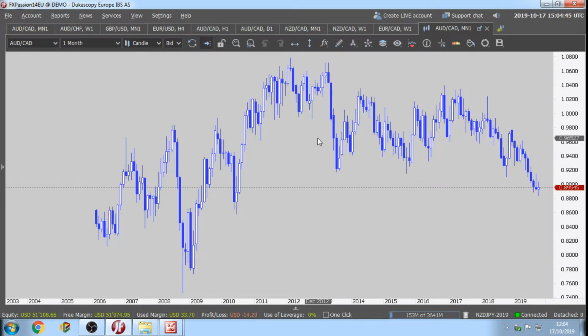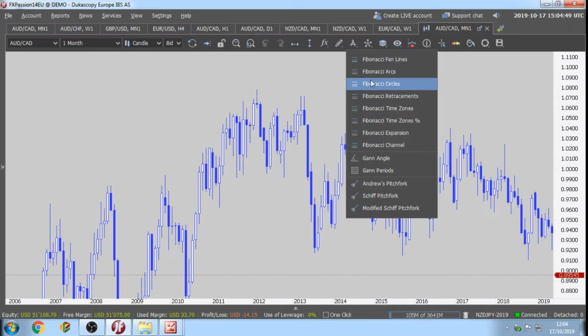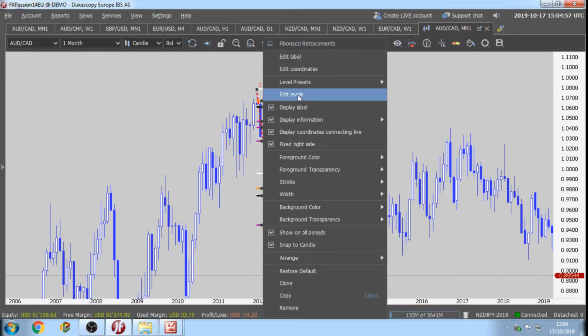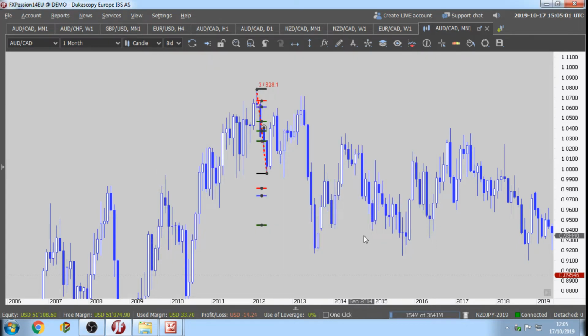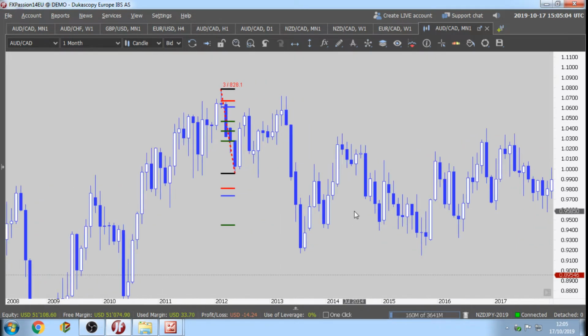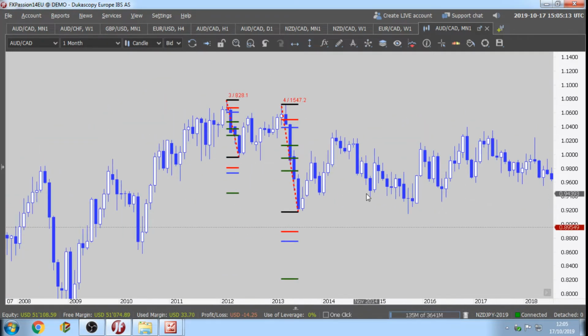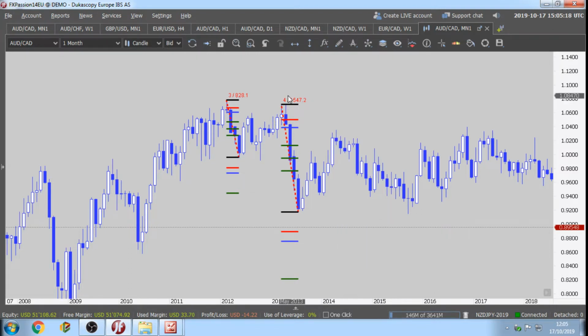So this is the monthly chart, and we are going to draw our down Fibonacci, the original one first, right? So A to B, and let's color code it differently. Fibo original, there you go, A to B. And the next Fibonacci sequence, there you go, another sequence A to B. And so this is our original Fibonacci text on the AUD monthly chart.